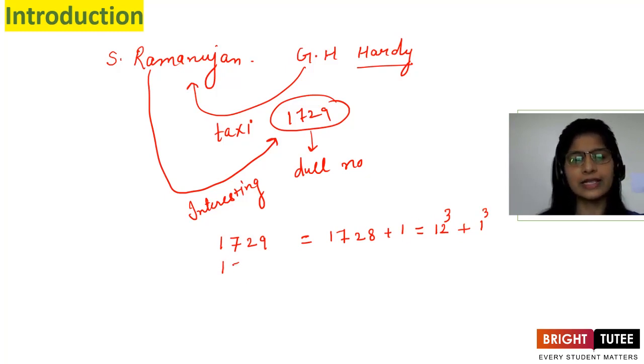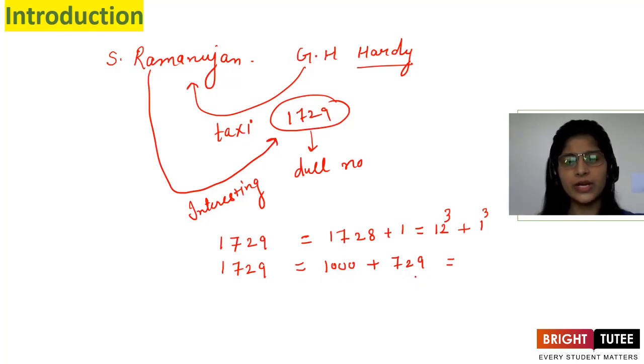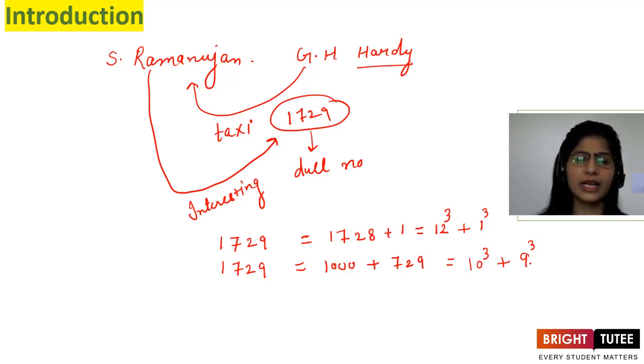Also he told that 1729 can also be written as 1000 plus 729. Right? So we can write that 729 is a cube of 9. So just see, we can write it as 10 cube plus 9 cube. So he expressed that there are many numbers that we can express as the sum of cubes of two numbers.